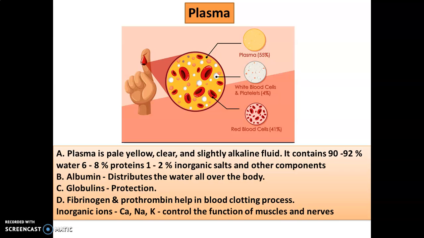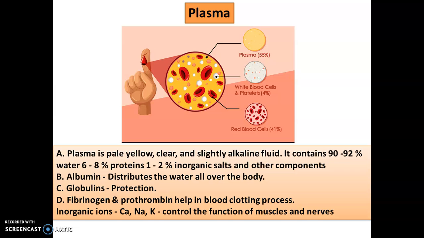So mainly it is water, proteins and some inorganic salts, which are required by the body, and some other components. It also has albumin, and the function of albumin is that it distributes the water all over the body. Then it has globulin, which does the function of protection.